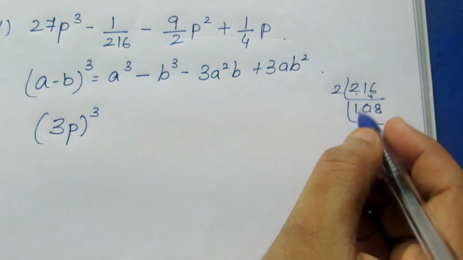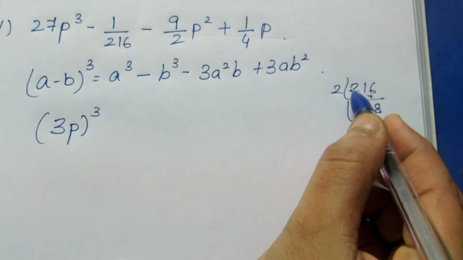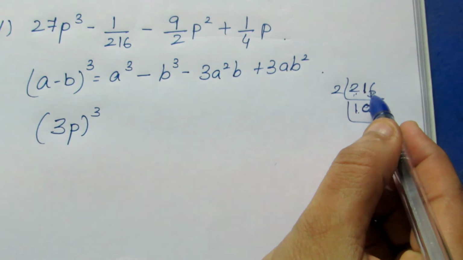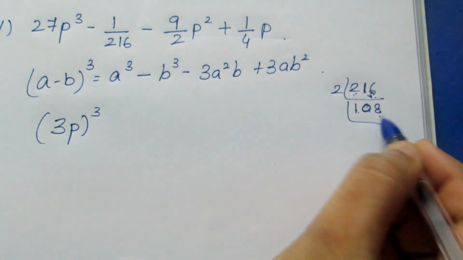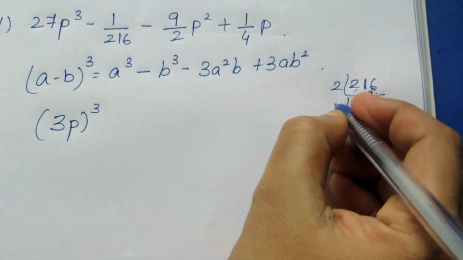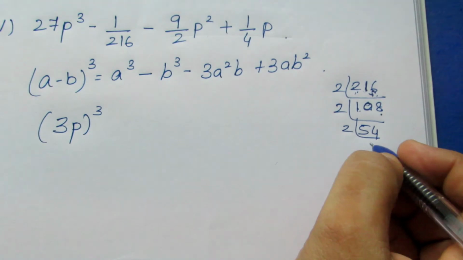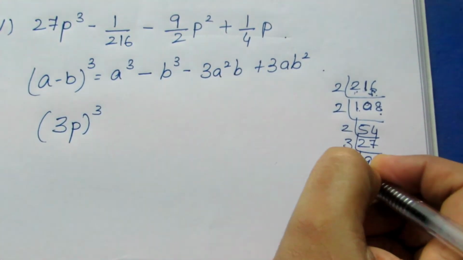Sometimes people write it to be 18, but it is not 18. 2 ones are 2; if 1 doesn't go, put a 0 and take 1, 2 6s become 12, so it becomes 216. Then again with 2, 2 5s are 10, 2 4s are 8. Again with 2, 2 2s are 4, 2 7s are 14. With 3, 3 9s are 3 3.